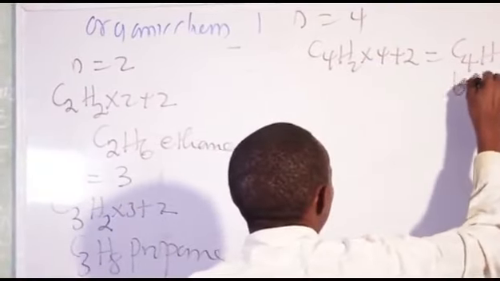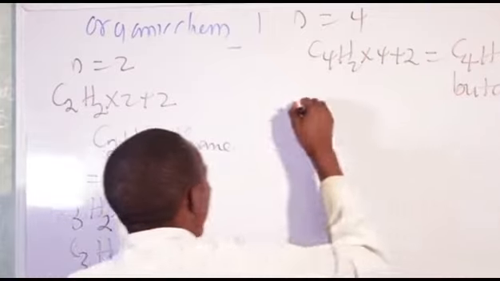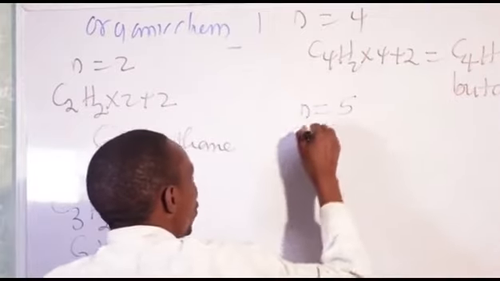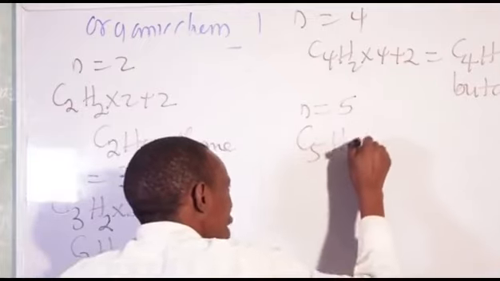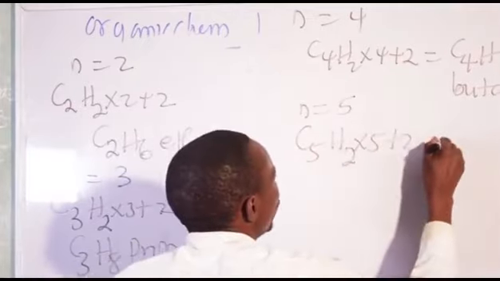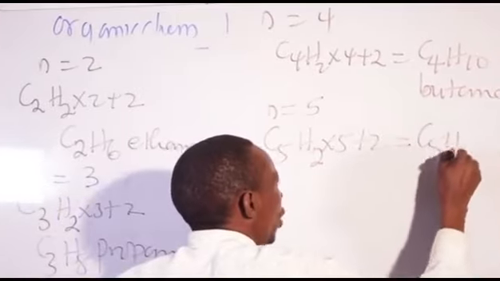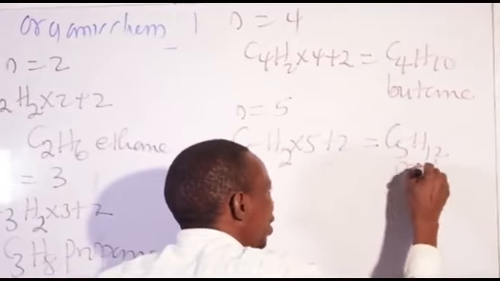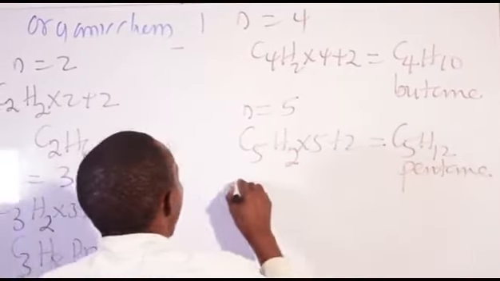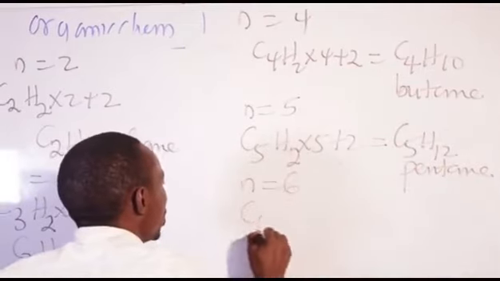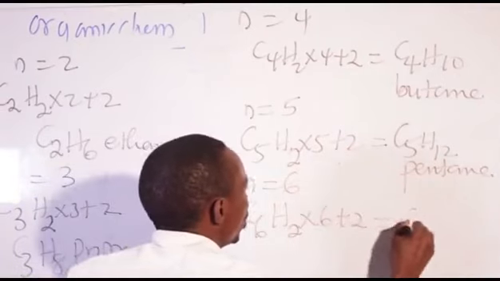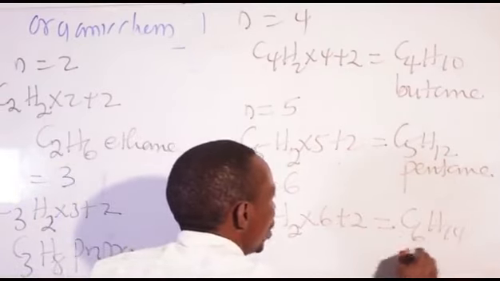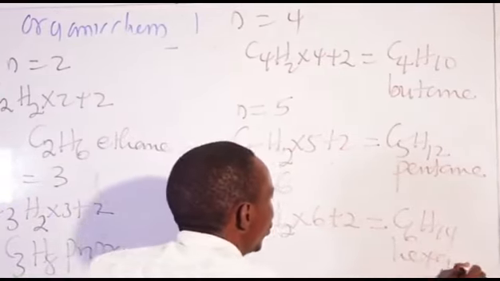This is butane. With n equals 5, we have C5, 2 times 5 plus 2, that will be C5H12. That is pentane. With n equals 6, we have C6, 2 times 6 plus 2, that will be C6H14. This is our hexane.